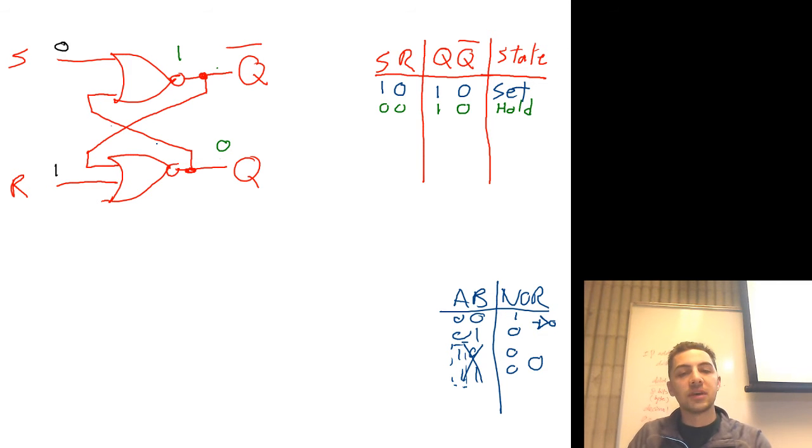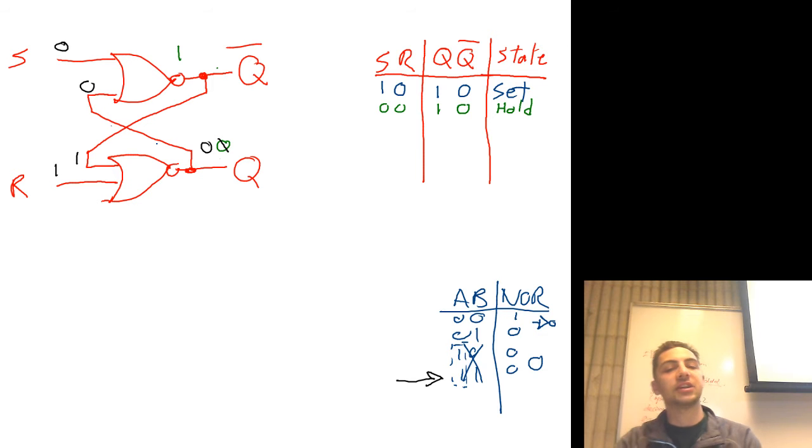It's going to be a 0. That 0 propagates over. 0 NOR 0 is a 1. The 1 comes across. 1 NOR 1. What is 1 NOR 1? It's a 0. So again, we're in a stable configuration here.